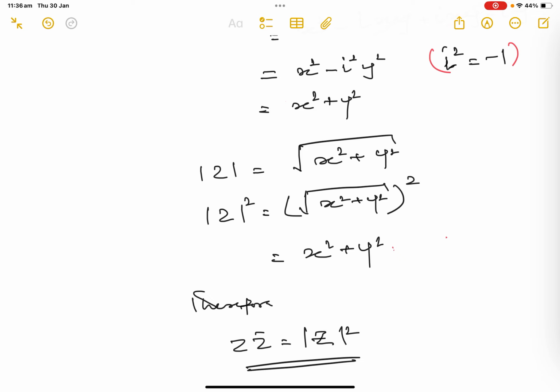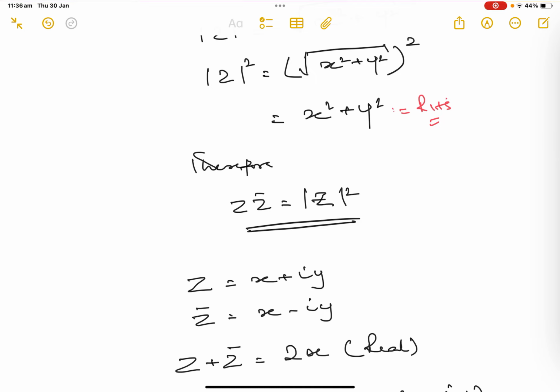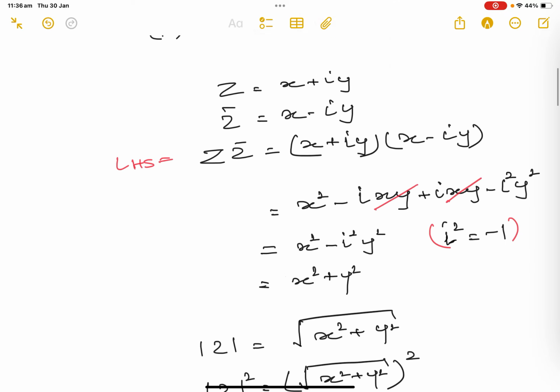Modulus z is the square root of x squared plus y squared. Squared, it is x squared plus y squared. That is equal to the right hand side. So left hand side equals right hand side. Therefore, z times z bar equals modulus z squared. That is the first one.